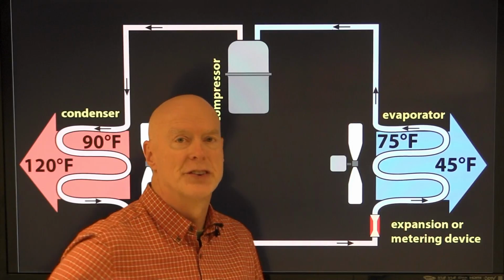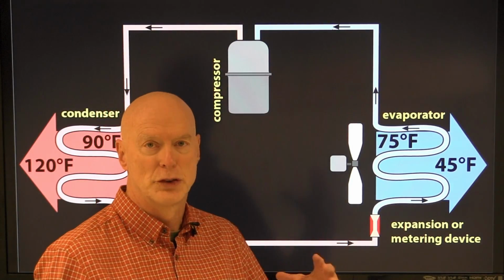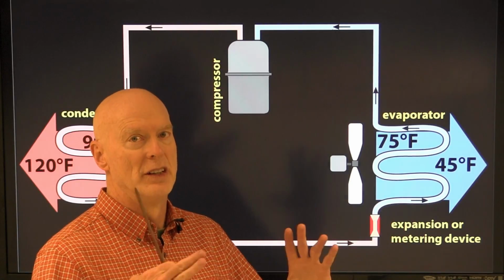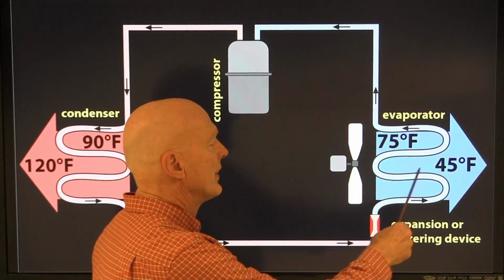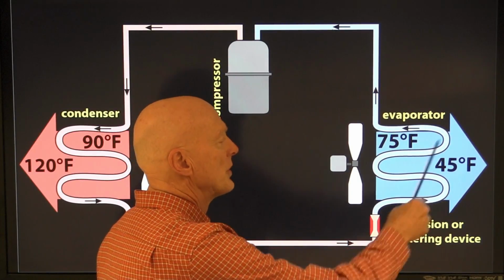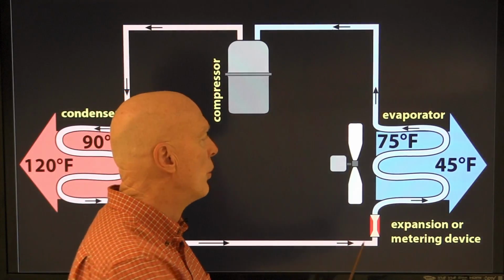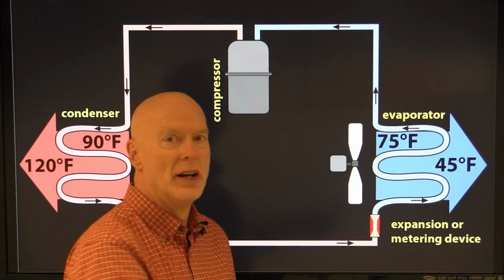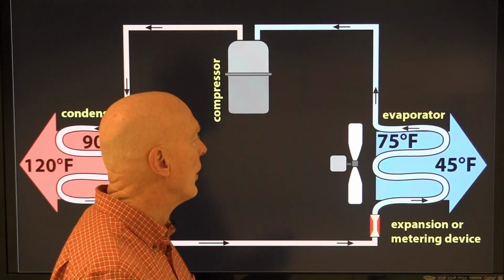It comes out the other side at 45 degrees. There's a 30-degree temperature split, or some other number of degrees. This is how the evaporator works. This is how we're cooling the air inside the building. So then we circulate this air with the air in the building and cool the building.